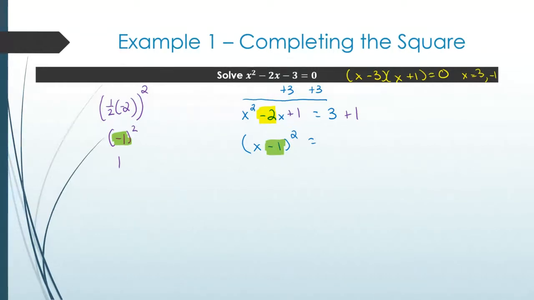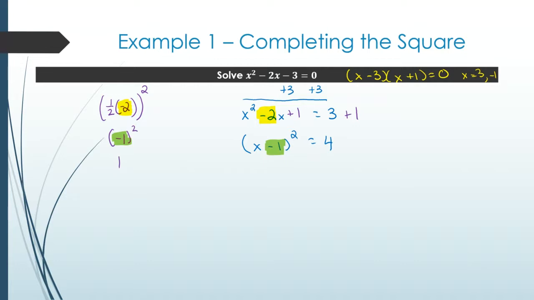So I factor on the left, and I have x minus 1 squared. And then on the right, 3 plus 1 is 4. So now I am at something that I can take square roots for. And actually, I'm going to make sure that I highlight the work on the left that I'm doing so you can see where these numbers are coming from and you can kind of follow that.